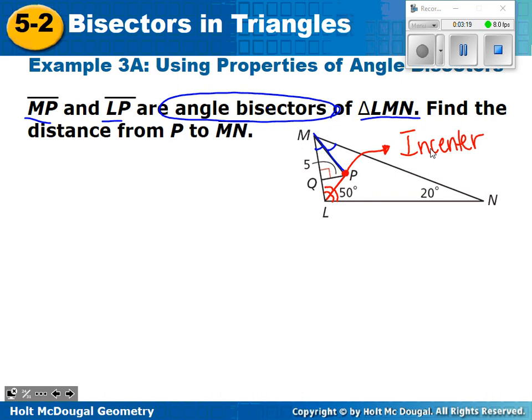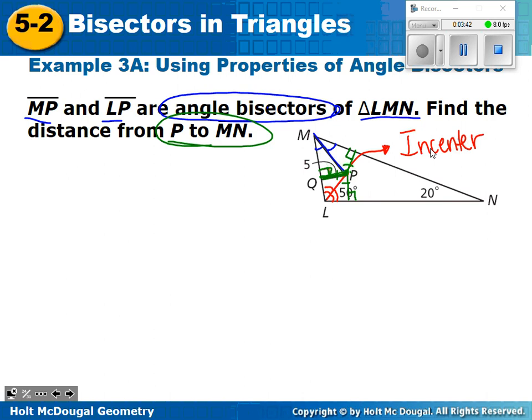In this example, if I go from P over to the side and always draw it perpendicular, from P over to the side, perpendicular, from P over to the side, perpendicular, all of those distances should have been the same. Then read the question: find the distance from P to side MN.